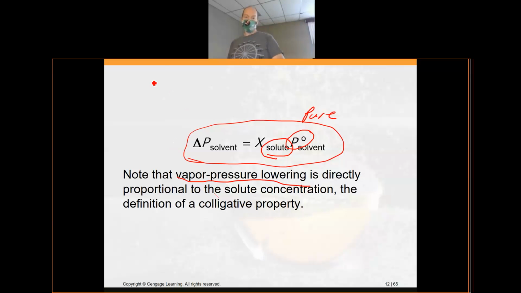All right, so what we need is we need to find the mole fraction of our solute. All right, and so a lot of times they will label that as a B. And then the solvent is an A. So if you see terms A and B, A is going to indicate the solvent, and B is going to indicate the solute.